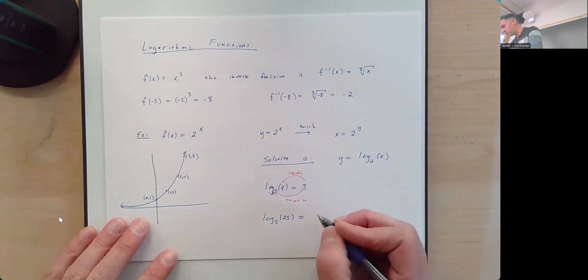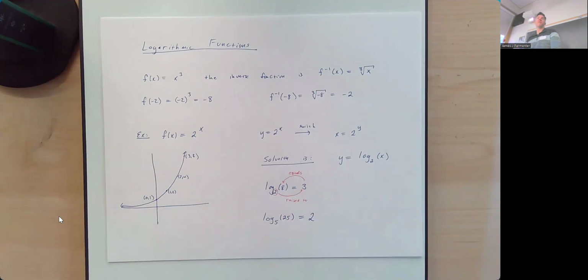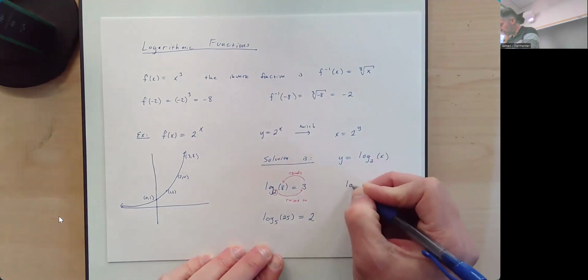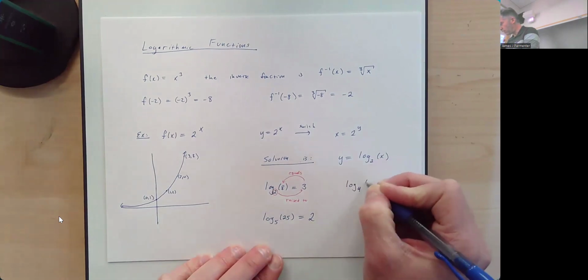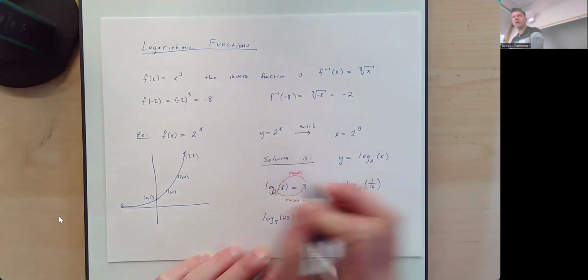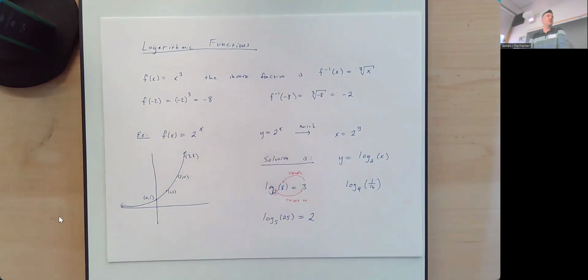The answer here is 2, because 5 to the 2nd power is equal to 25. And just for a couple more interesting examples, I want to say, like, find log base 4 of 1/16, I would be asking the question, 4 raised to what power is equal to 1/16? Well, I know 4 squared is 16, so I know that 4 to the negative second is equal to 1/16.